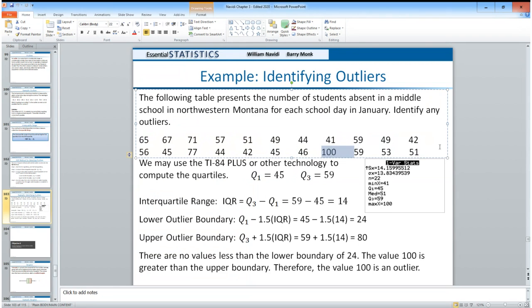So it's probably not meant to be 10. And what it could be is maybe there was some day that maybe that was a Friday and people were actually sick. There was something going around and that was just a lot more people out that day. So it is possible that it's a good piece of data, but as far as this is concerned, it's considered an outlier.